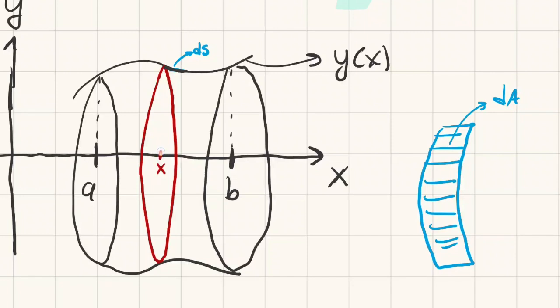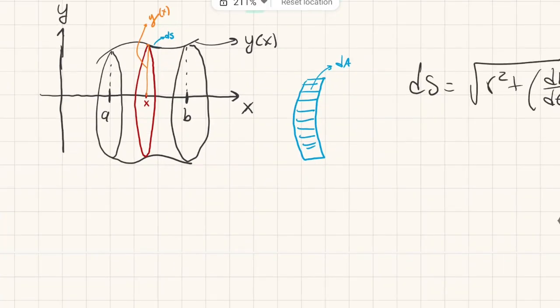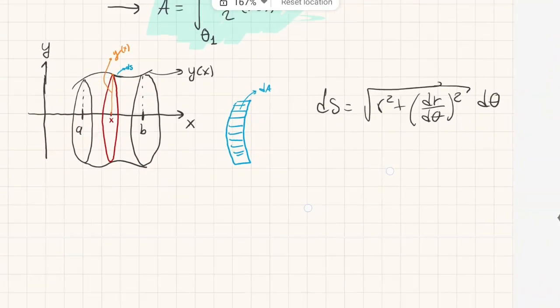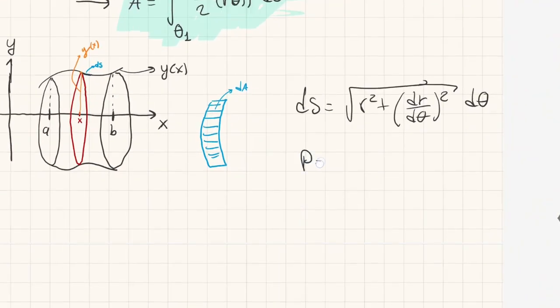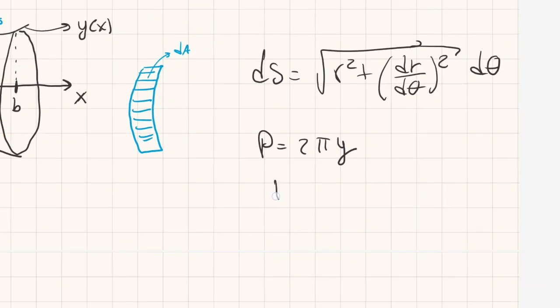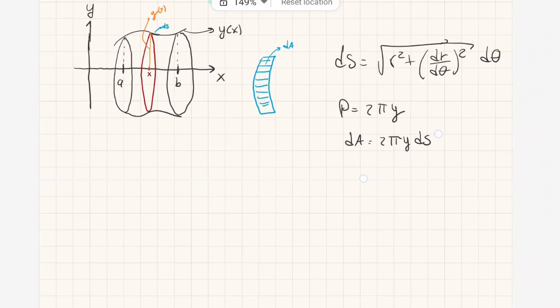But at the point x, the radius will correspond to the value y of the function, right? So this is equal to y, actually y of x. So we know that the perimeter of that circle will be 2 pi y. And then the area of that differential element of area is going to be 2 pi y times ds.